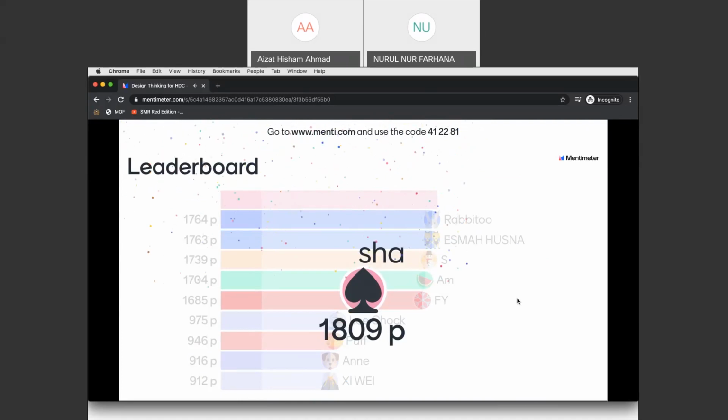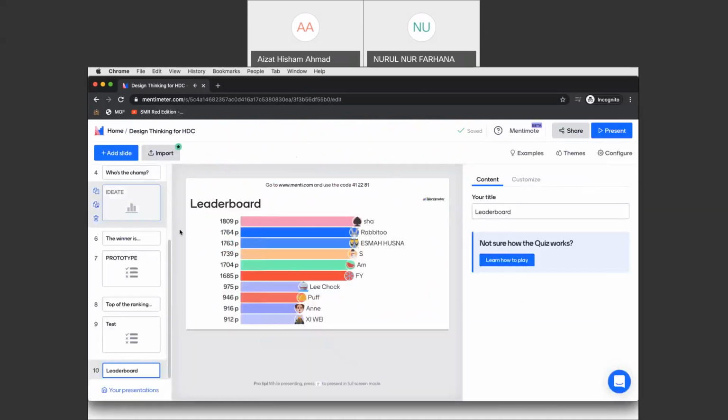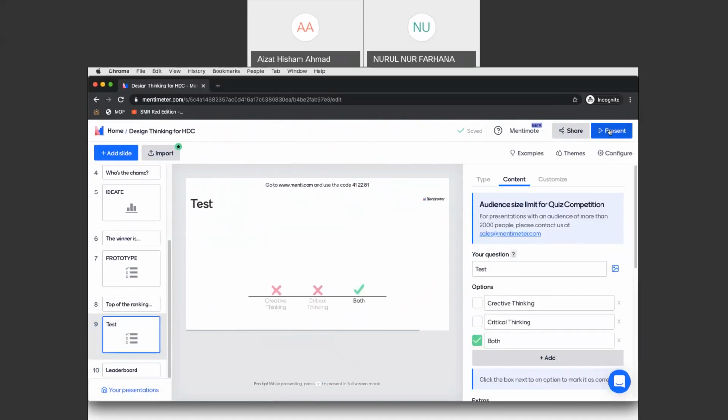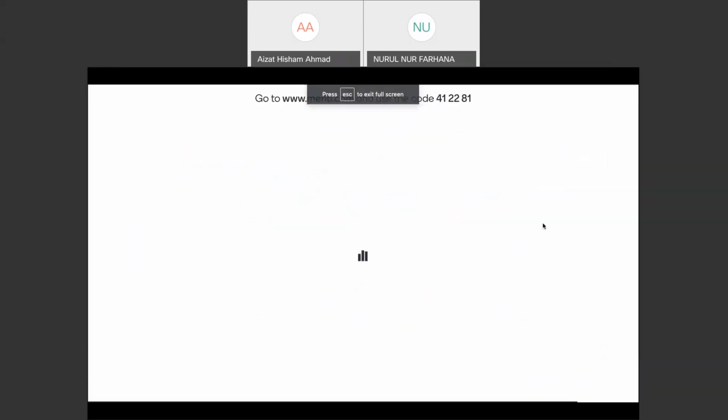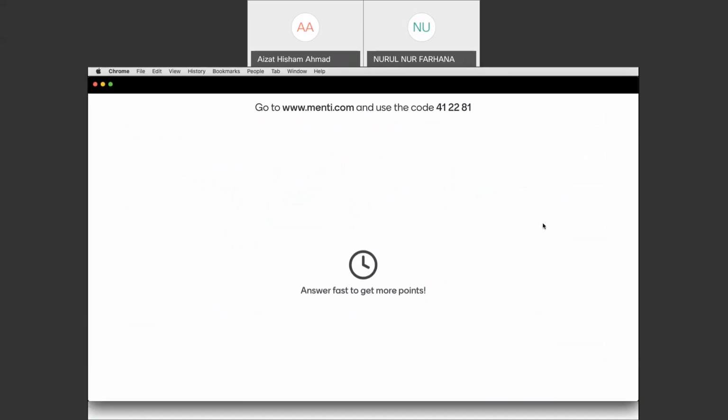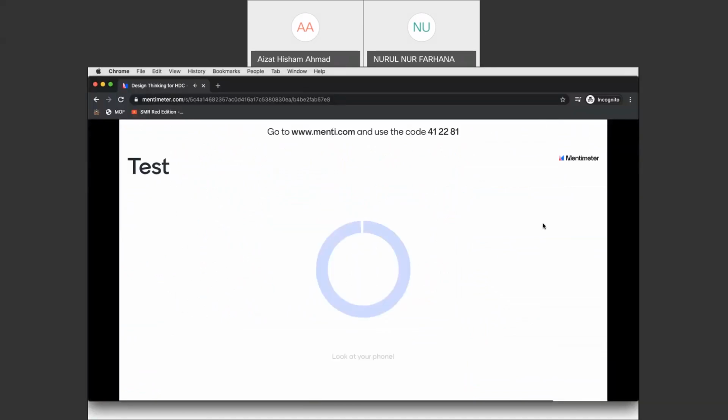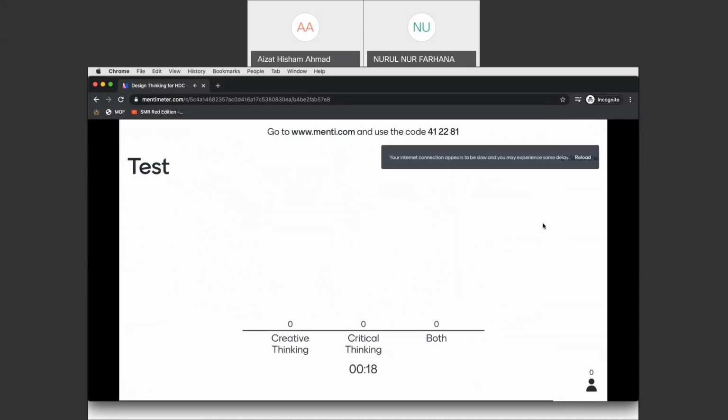Okay, never mind. I'll close this down. Unfortunately, it didn't come up with the test for some reason. I'm not sure why. Can you guys see the screen on your phone? Okay, try again, 412281.